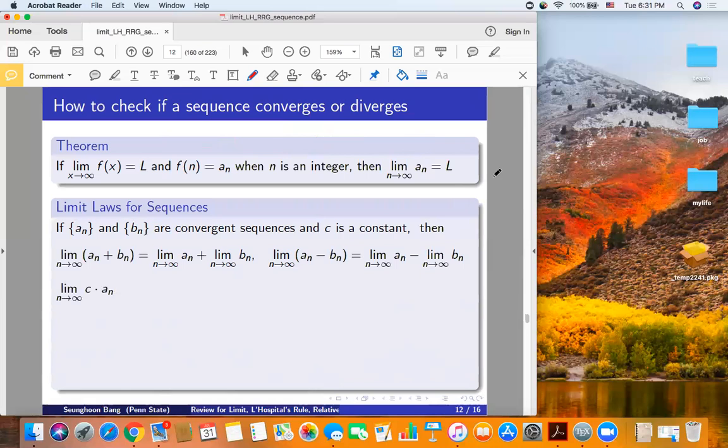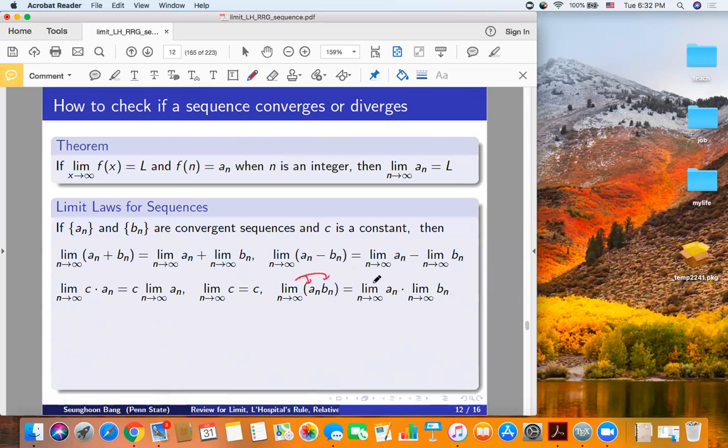The limit of c times a_n: you can take out c. Just take out c. The limit of c, what's the limit of c? Do you know the limit of c? Yes, c, the same number.